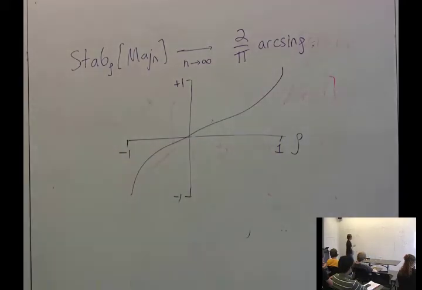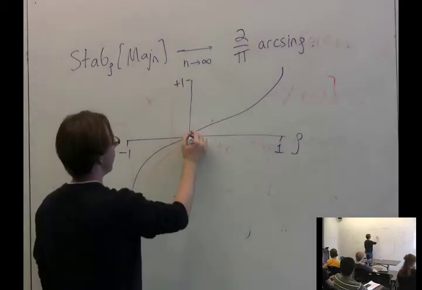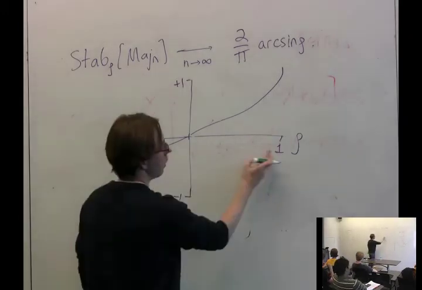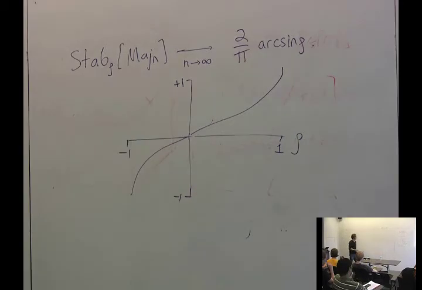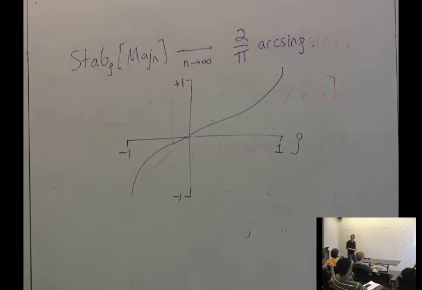I don't know if that's a great drawing, but if you tilt your head this way, it should be like a sine curve, also reflected. Okay, so you see, this is nice: assuming the number of voters is large, the closer rho gets to 1, meaning the less noise there is in the recording of the votes, the closer it is to the case that the outcome of the election does not change.